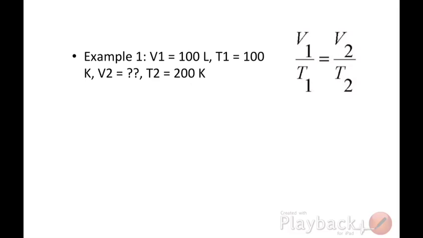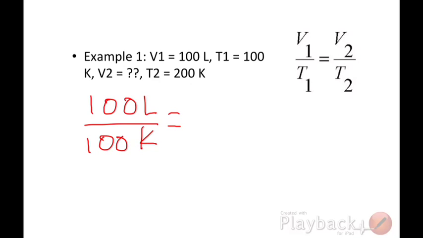Our volume can be expressed in any metric unit of volume, liters or milliliters. That's fine, but our temperature must be in Kelvin. So we're going to start by plugging in our variables. We have 100 liters over 100 Kelvin equals, we don't know volume 2, over temperature 2, which is 200 Kelvin.